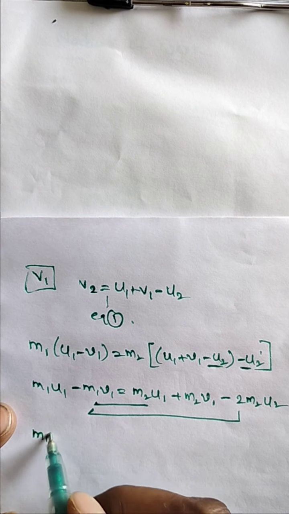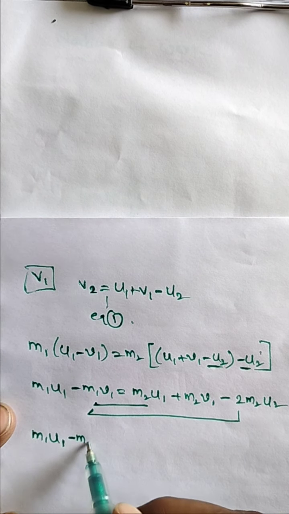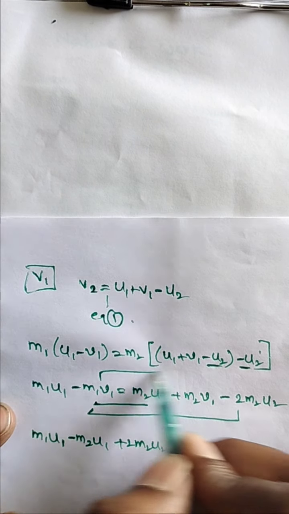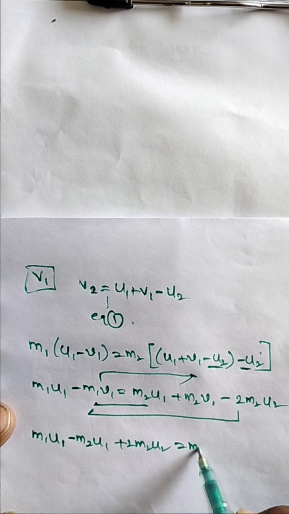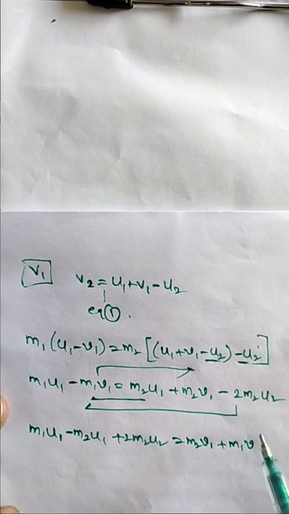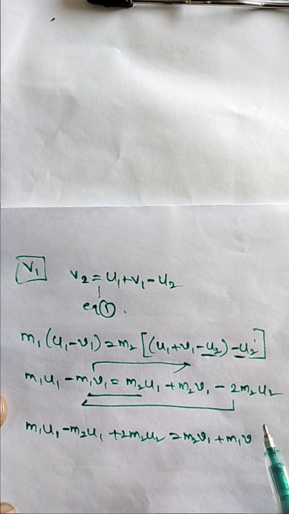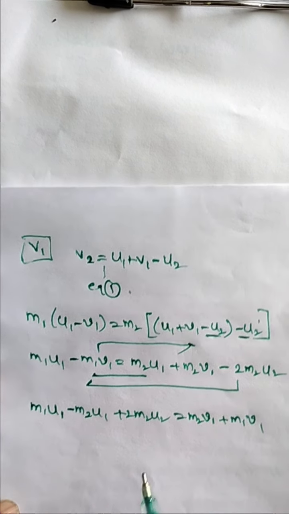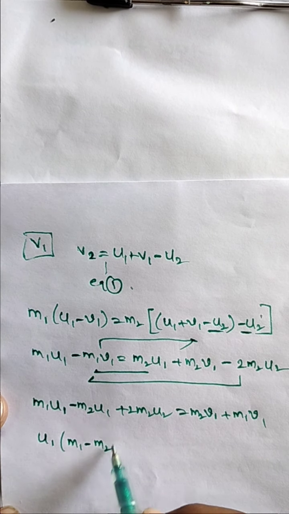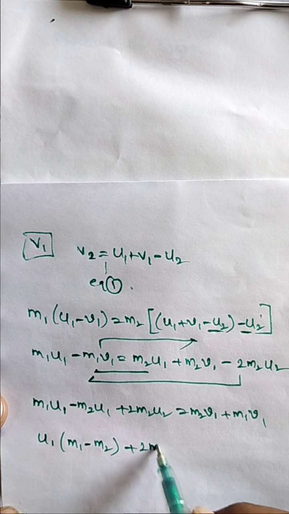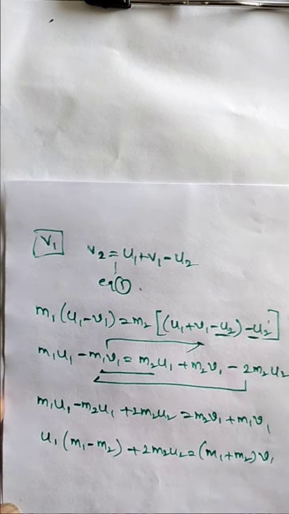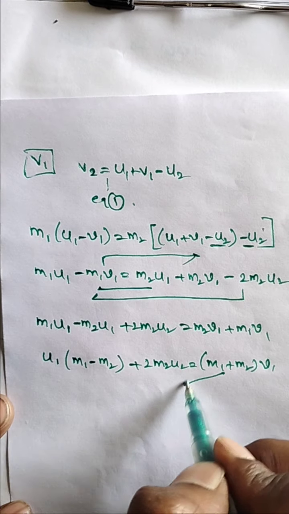What happened: m1u1 minus m2u1 plus 2m2u2, this is going to here, is equal to m2v1 plus m1v1. So where u1 is common, (m1 minus m2), plus 2m2u2; (m1 plus m2), v1 is common. So this m1 plus m2 is coming to here.